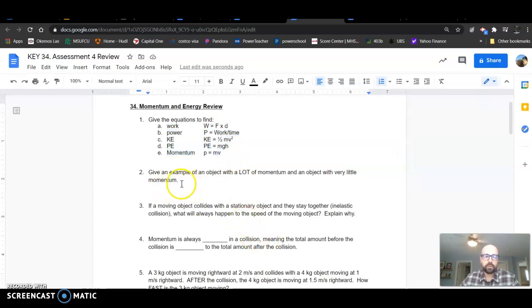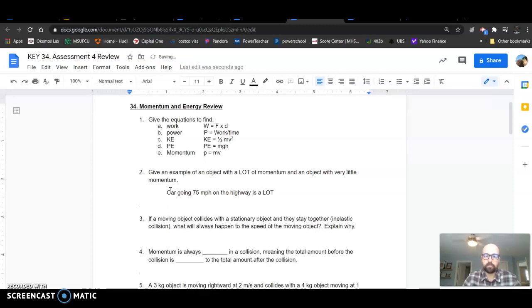So example of an object with a lot of momentum, an object with very little. A car going 75 miles per hour on the highway is a lot. And how about a dog walking down the sidewalk is a little.